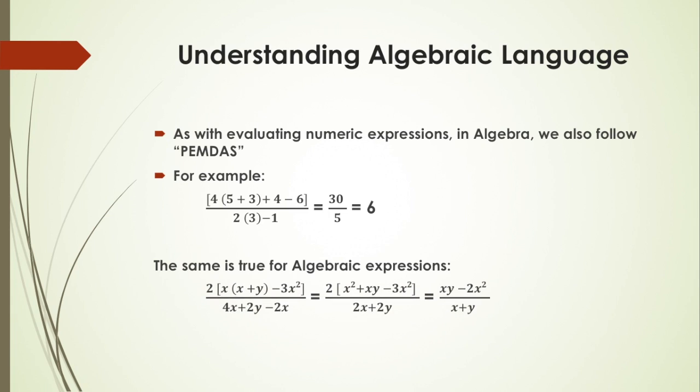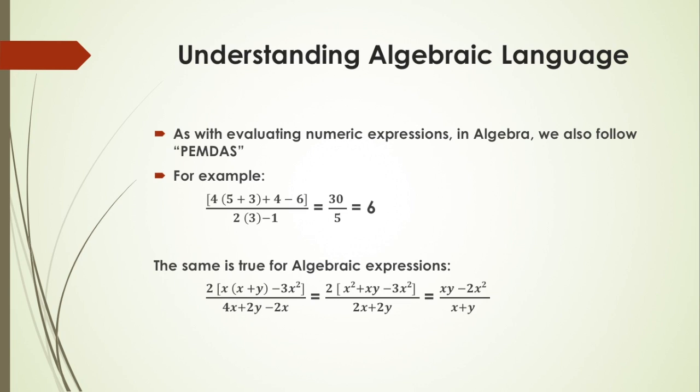So if I have 2 times a quantity x times another quantity x plus y minus 3x squared, all over 4x plus 2y minus 2x, we work the things in the parentheses first and then the brackets.